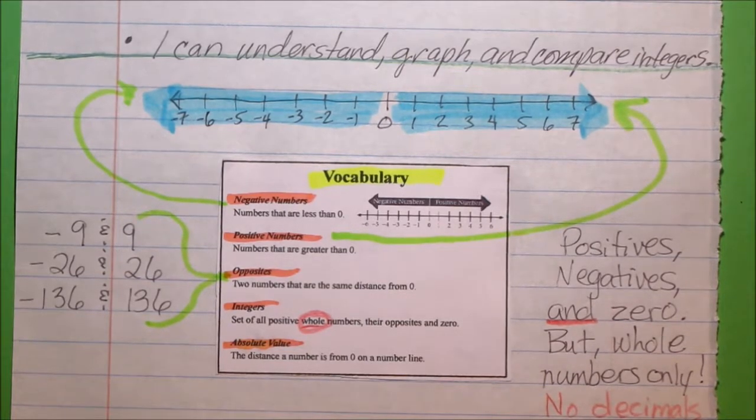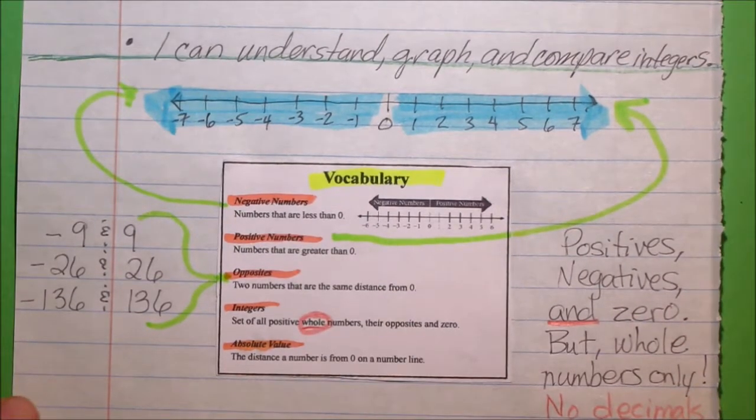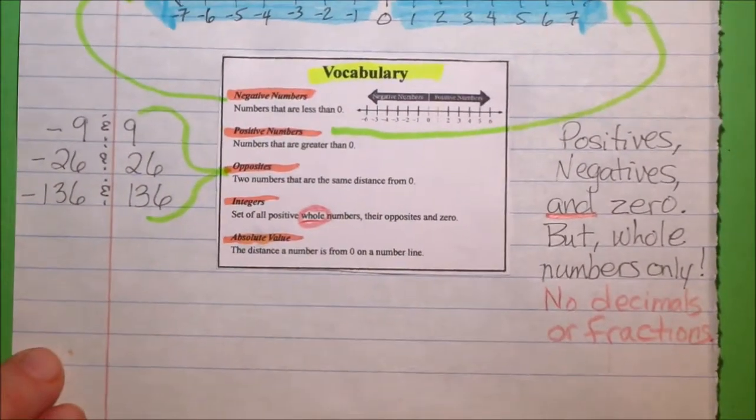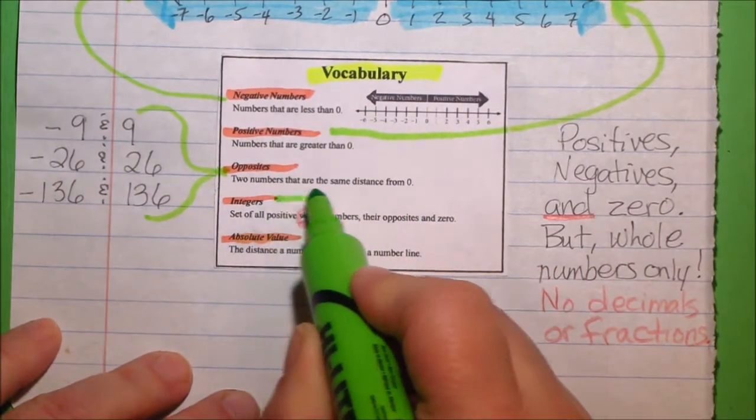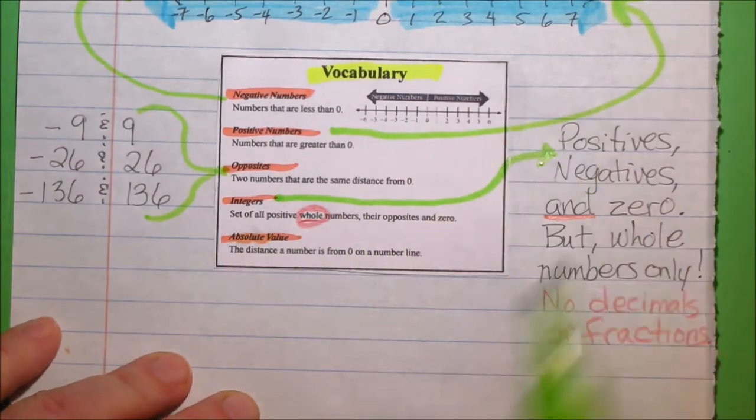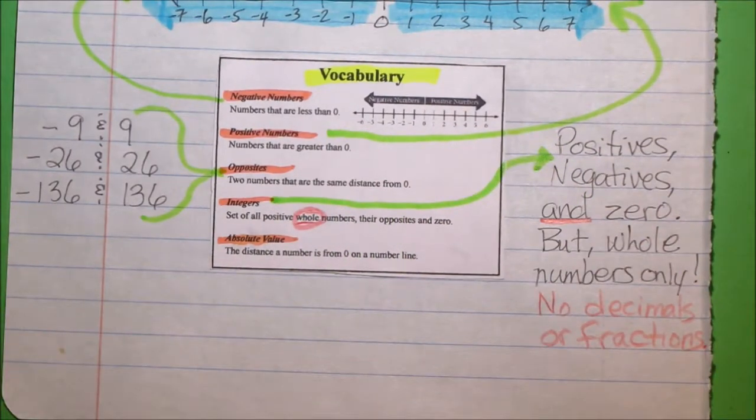Whole numbers only. Okay, no decimals or fractions. All right, so let's get our integers pointed out to our description here. Integers: positives, negatives, and 0, but whole numbers only.